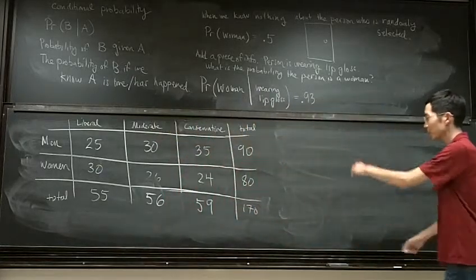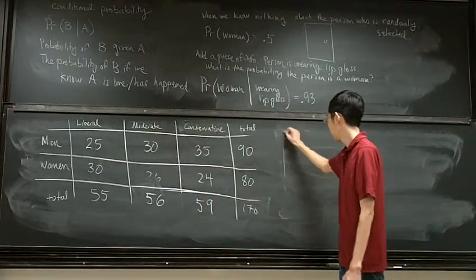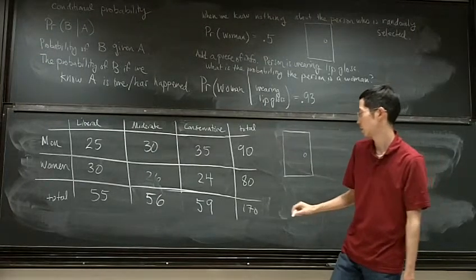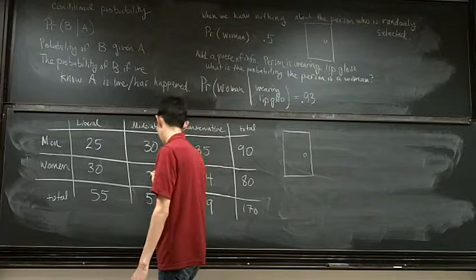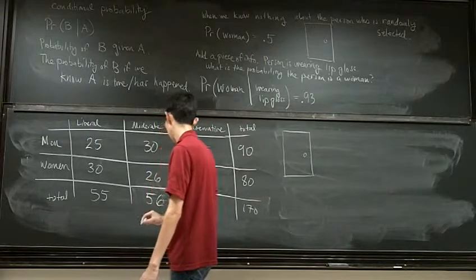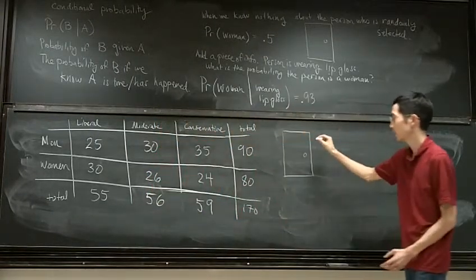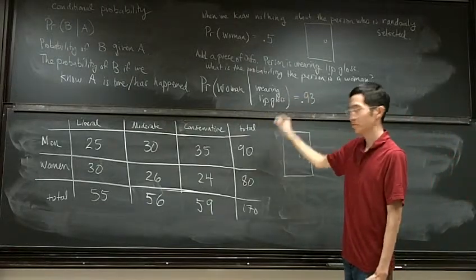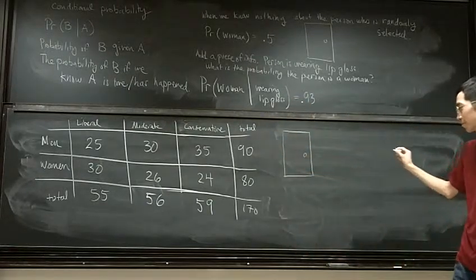Okay, so we're going to play the game again. I've picked someone from this table at random. We have no idea.